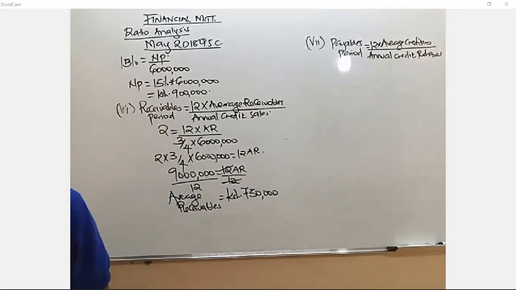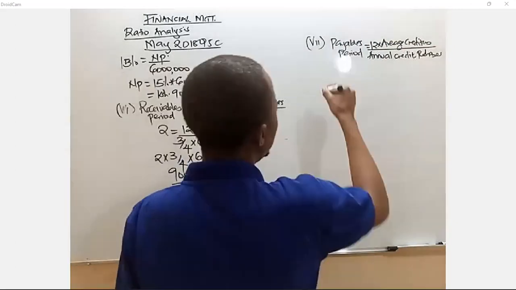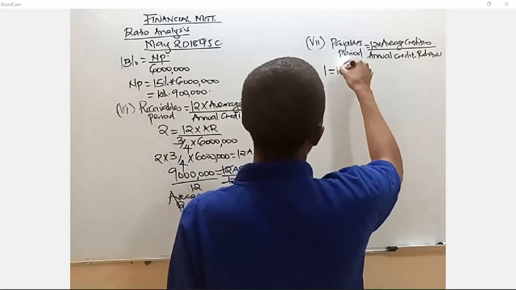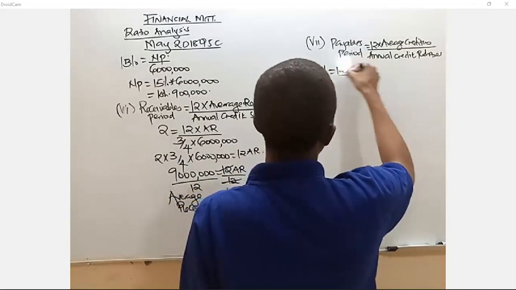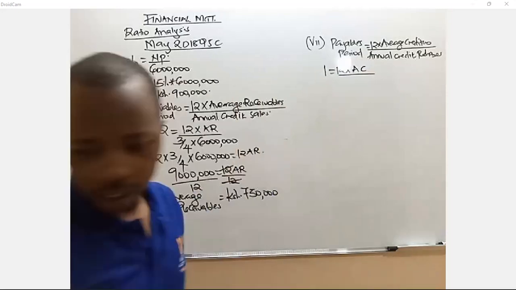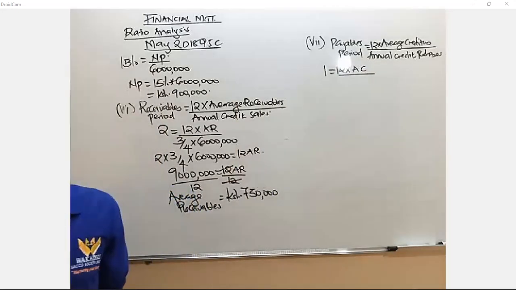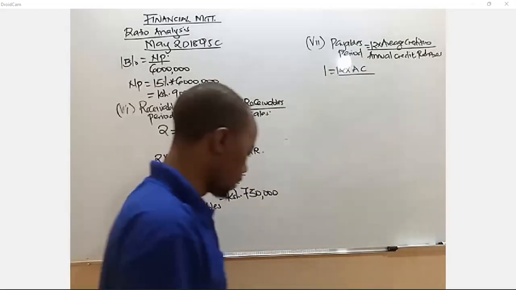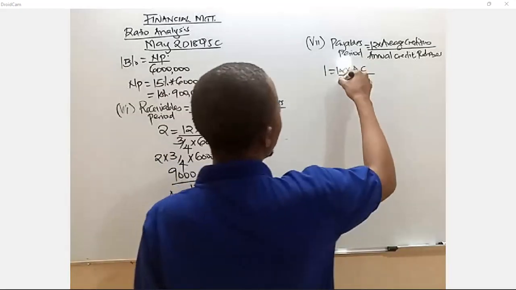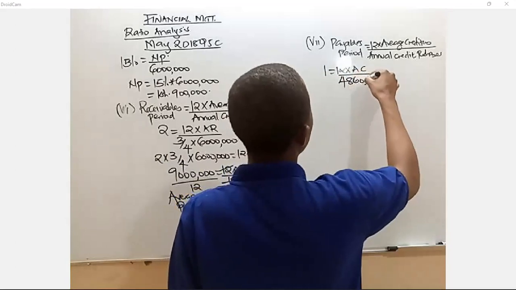The credit allowed by the suppliers is 1 month. So I just take 1 month, 1 equals 12 times average creditors, then the annual credit purchases. I see in additional note number 5, all the purchases are made on credit. But how much were our purchases? We were able to compute them and we got 4,860,000.